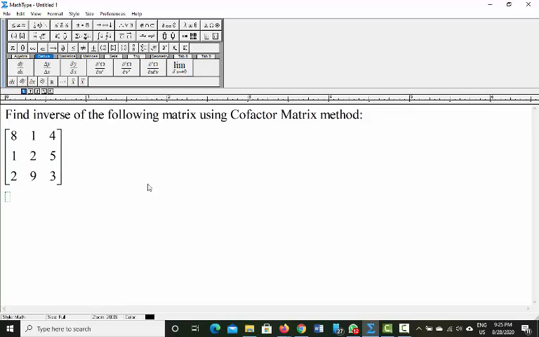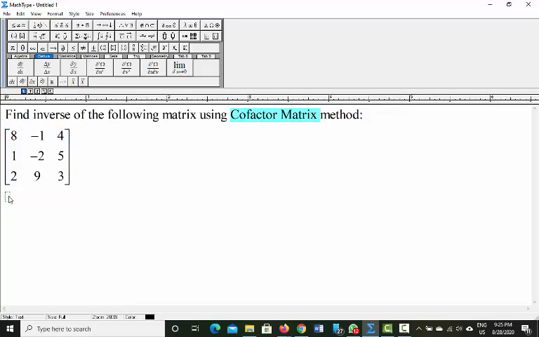Let me make it more complex. For example, here we have minus, and here also we have minus, and like that. So for example, we want to find the inverse of this matrix using the cofactor matrix method, right?